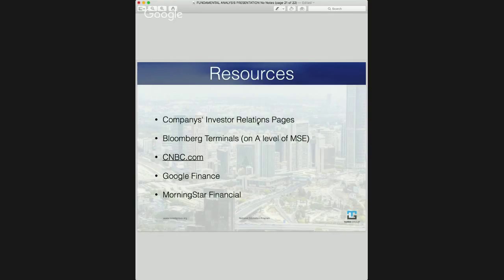Somewhere you're going to be able to get the financial statements yourself, so you're going to look at the cash flows and all those types of things. That's going to be the company's investor relations page. It's where I got Teva Pharmaceuticals information, and every publicly listed company worldwide is going to have an investor relations page.